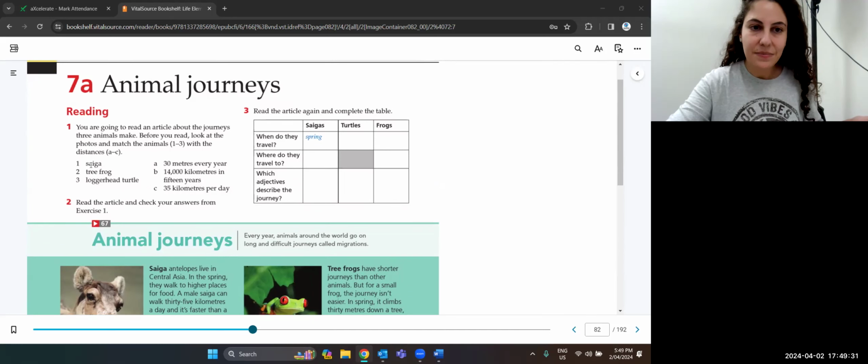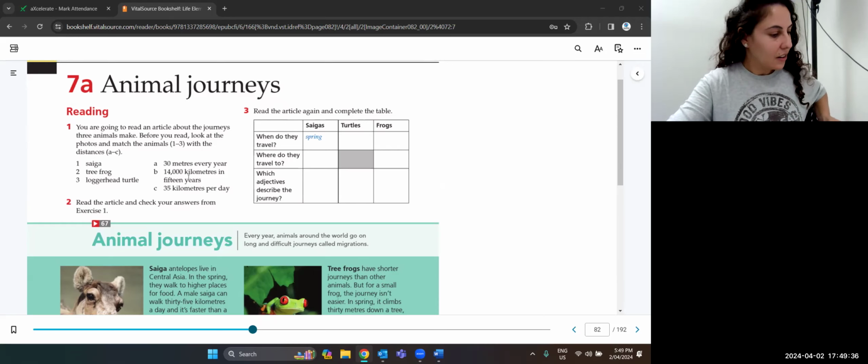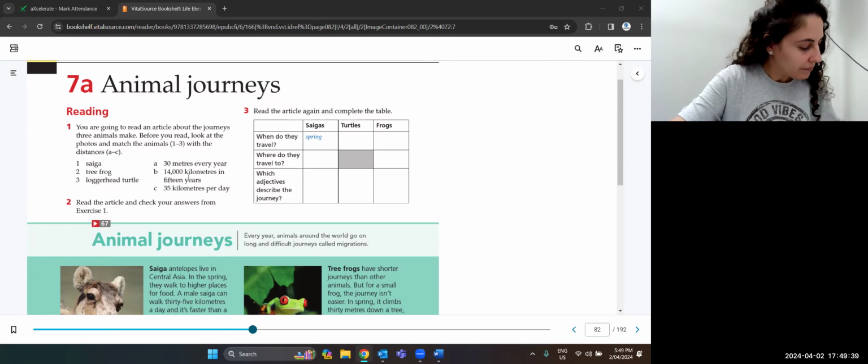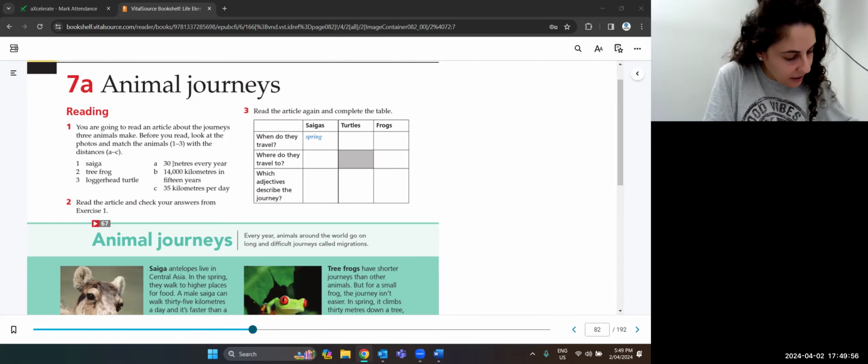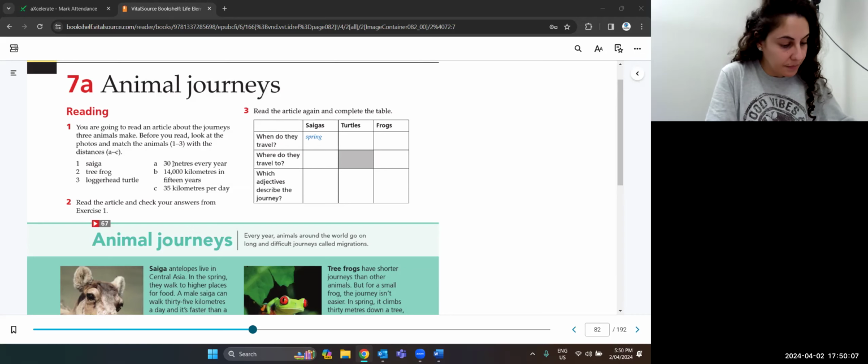The saiga, which measurement or like what was its journey? I can see that it walks 35 kilometers per day. Yeah, so 1C. The tree frog, the tree frog, 30 meters every year.